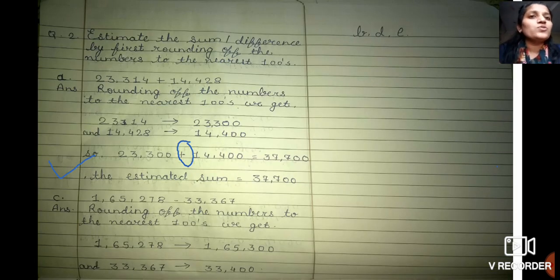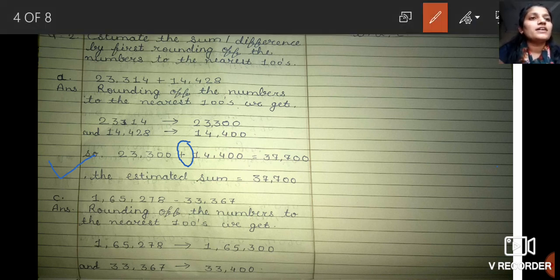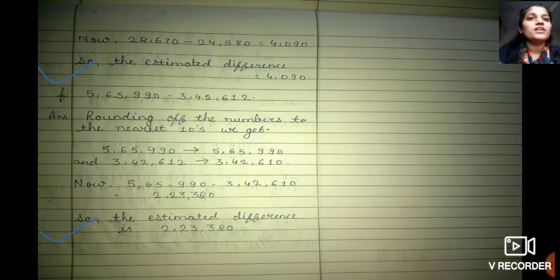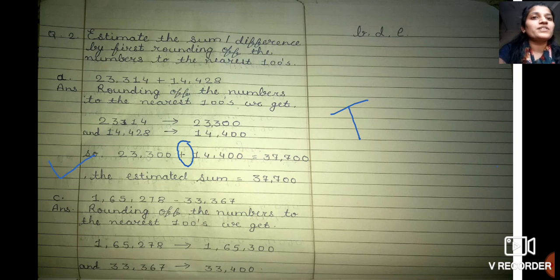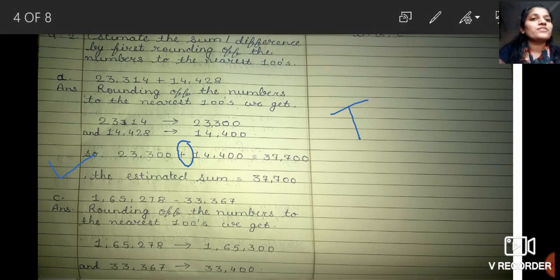Now in hundreds, we know that when we round off the numbers to the nearest hundreds, we have to refer the tens place. Okay, we have to refer the tens place. And when we round off the numbers to the nearest tens, we have to refer the ones place. Okay, and when we round off the numbers to the hundreds, we have to refer the tens place.